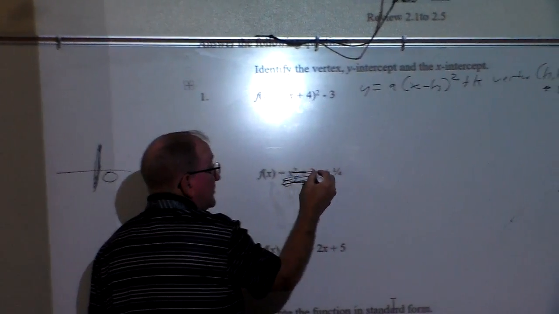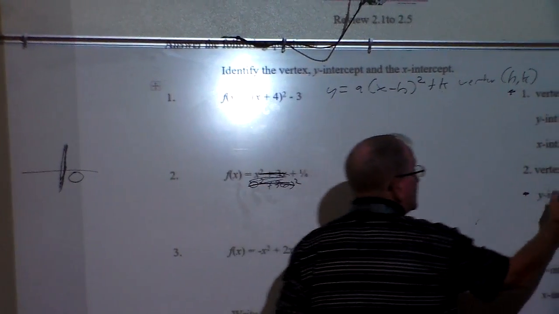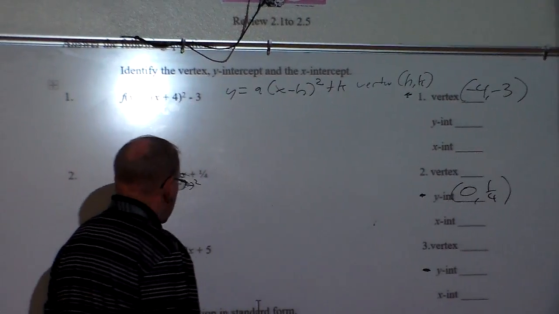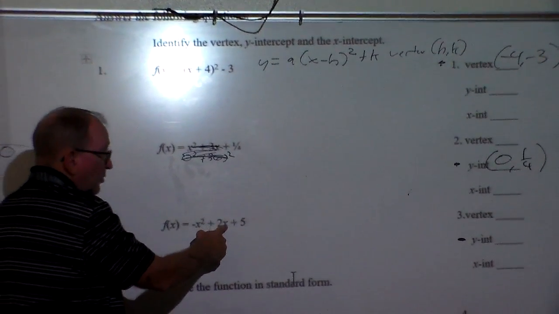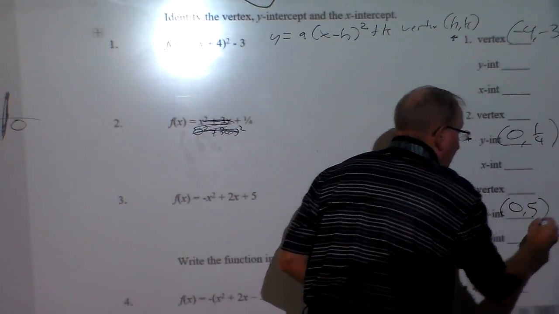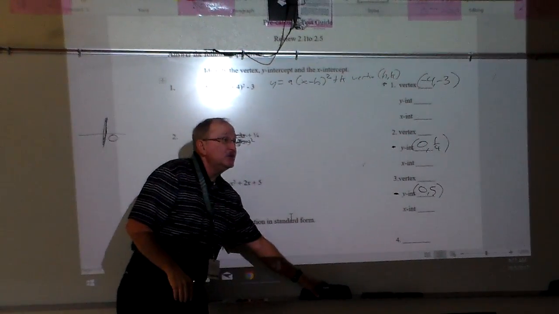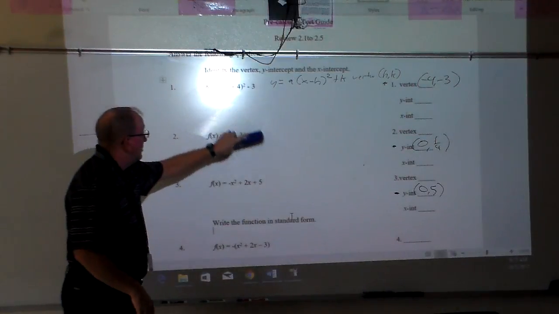They just go away. So the y-intercept is (0, 1/4). Using that logic, if I put 0 in here, they all go away, and it's (0, 5). Those are given to you just by the way the problems are set up and written.